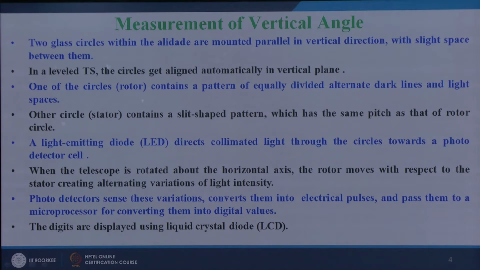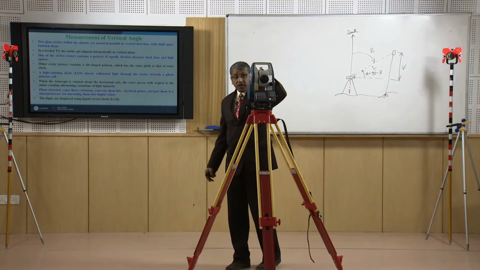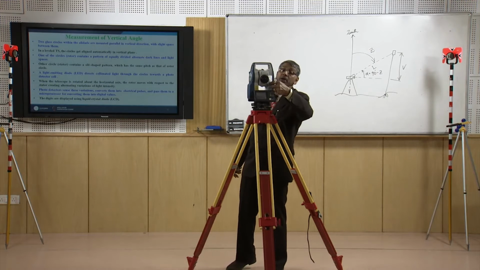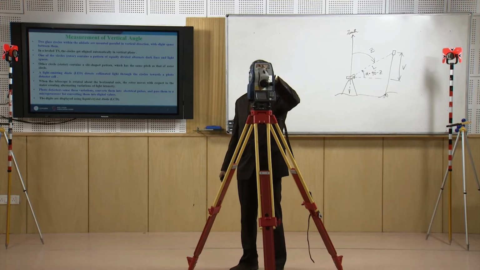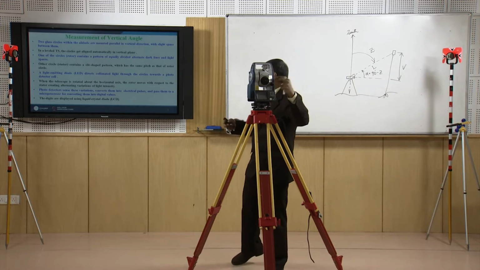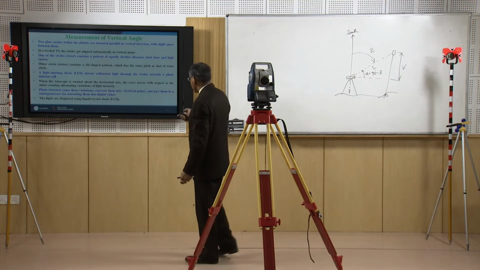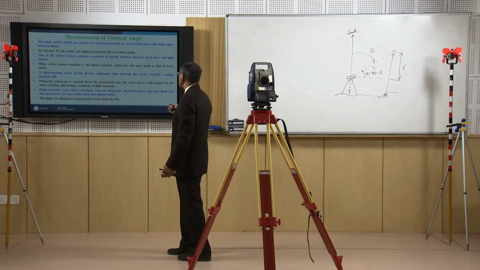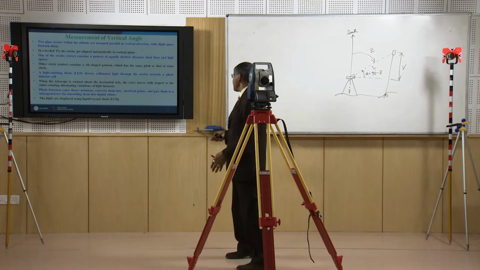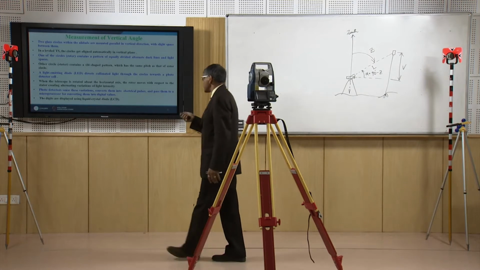Whenever we rotate the telescope about its horizontal axis, some light passes. A light emitting diode directs collimated light through this vertical circle towards a photodetector cell.